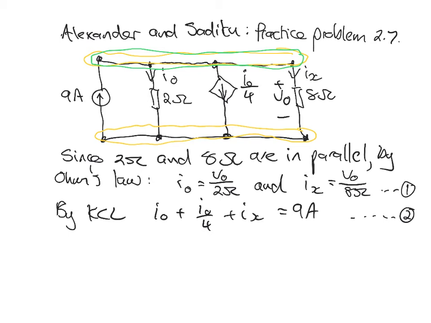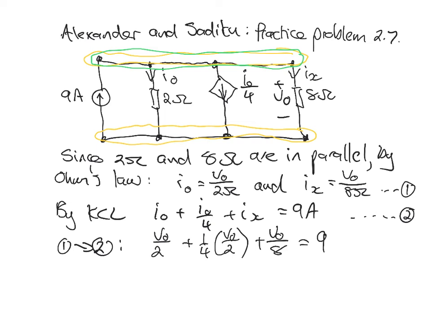Okay, so we put 1 into 2, and then we get I_O is V_O over 2, I_O over 4 is a quarter times V_O over 2, and I_X is equal to V_O over 8, and that's all equal to 9.